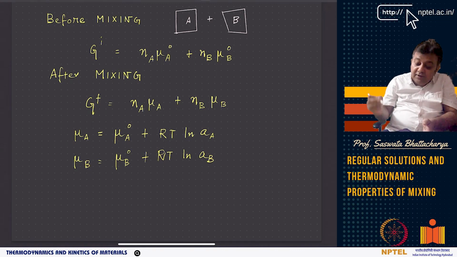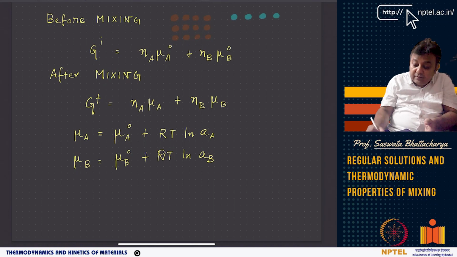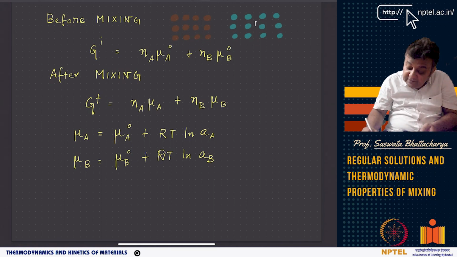Before you mix them together, let us consider the atoms of A to be red. You have some A atoms here, and this is basically B, this is basically A, and I am adding them together.